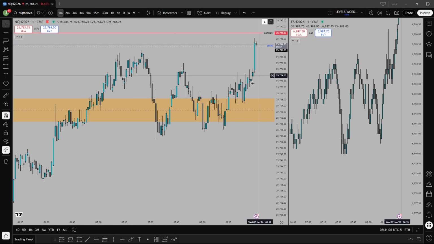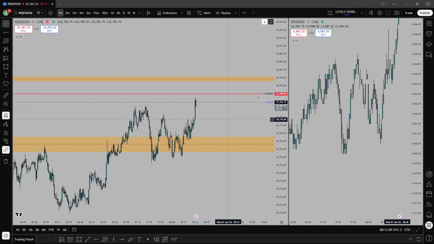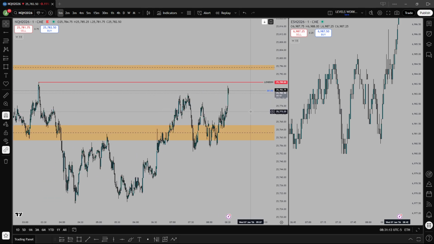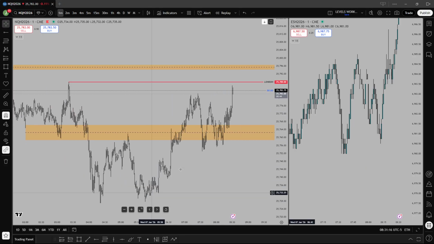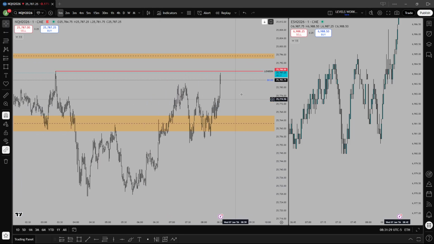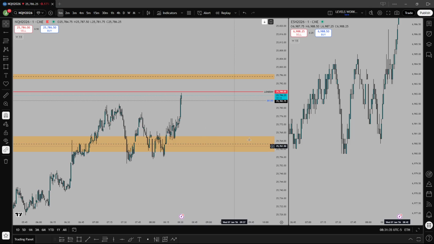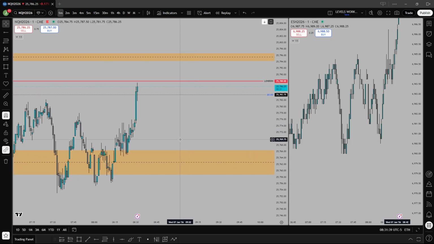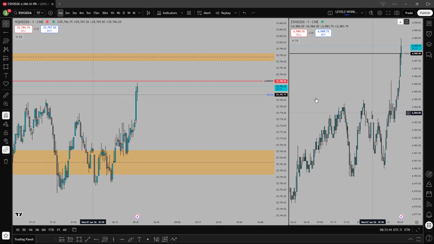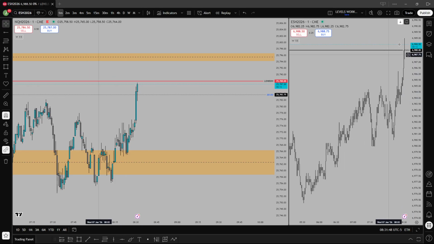So this is what 8:30 did. London high, equal highs at London high, equal lows at London low. Yes, we are again above previous week's high.